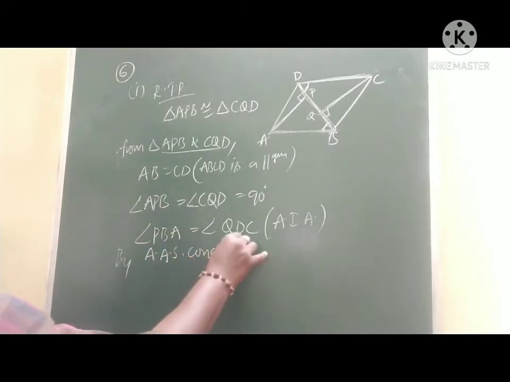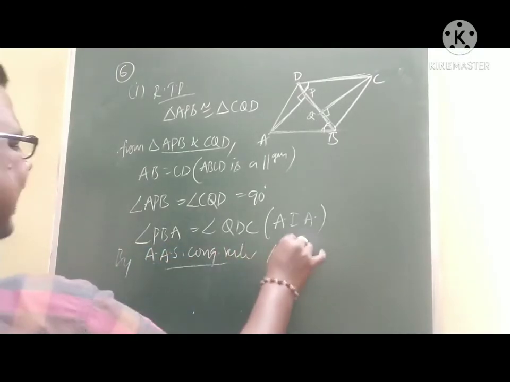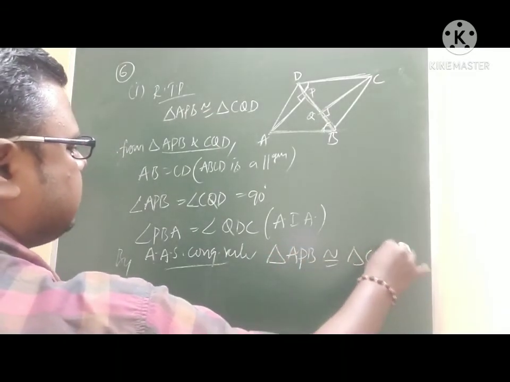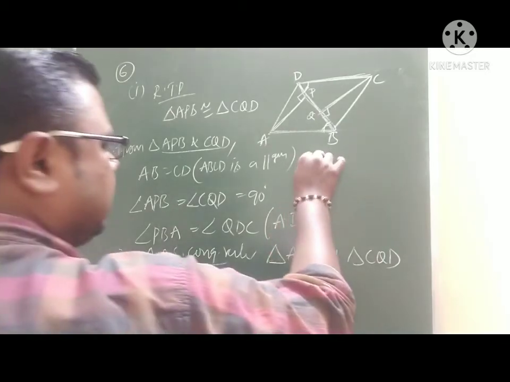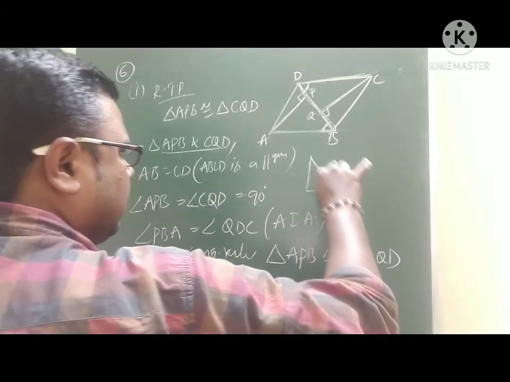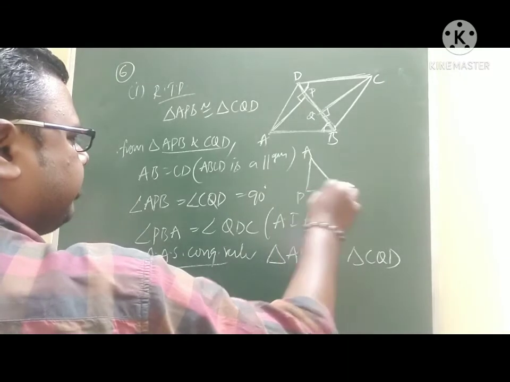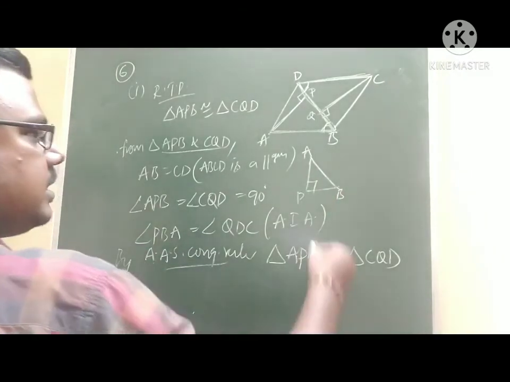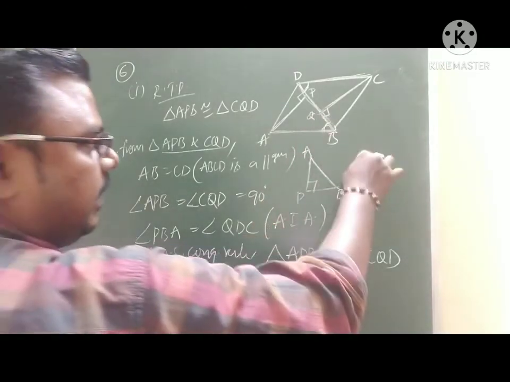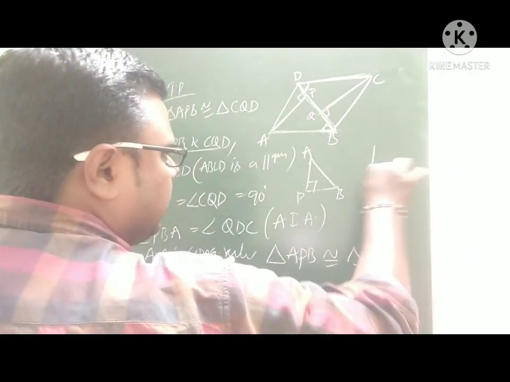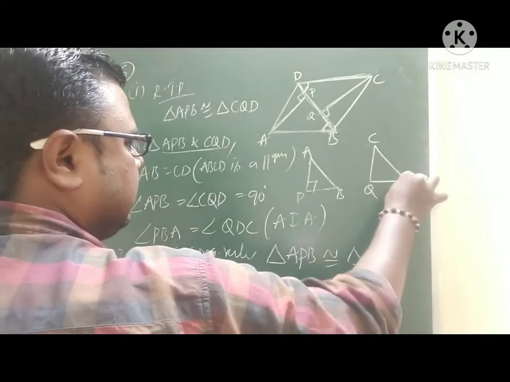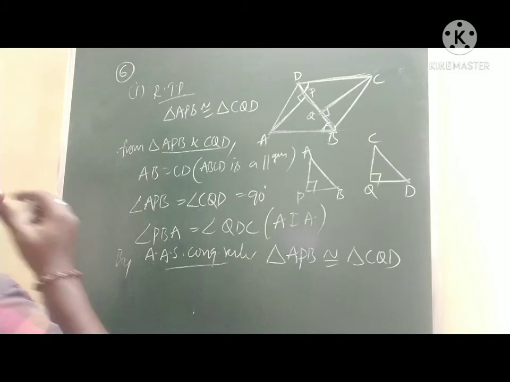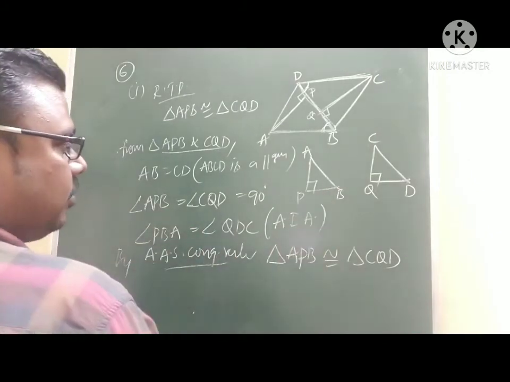So clearly by AAS congruency rule, we have shown that triangle APB is congruent to triangle CQD. If you want, you can draw a rough diagram. At P we have 90 degrees in APB, and in CQD we have 90 degrees at Q. To mention the corresponding angles and corresponding sides, it is better to draw a rough diagram.